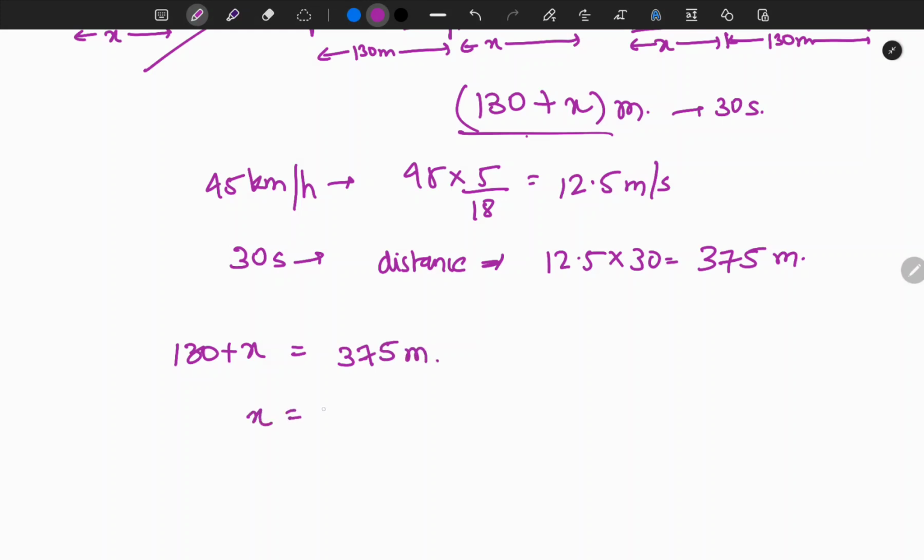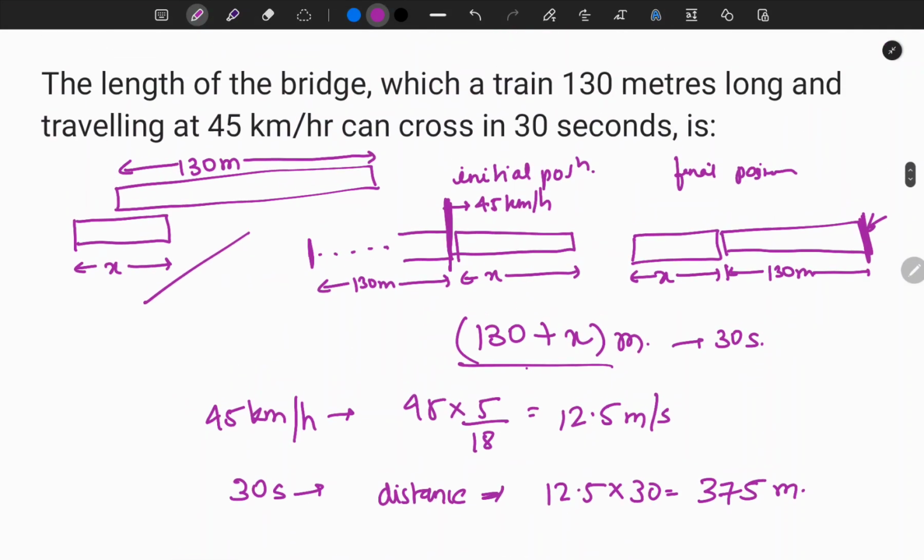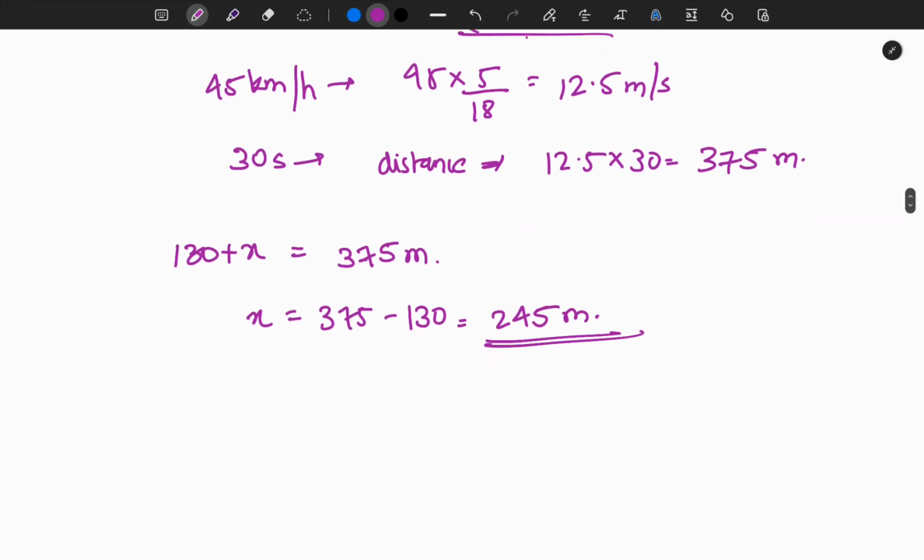So now your x is simply 375 minus 130, which is equal to 245 meters. So there, your problem is solved. The maximum length of the bridge that a train which is 130 meters long and traveling at 45 kilometers per hour can cross in 30 seconds is 245 meters. Thank you.